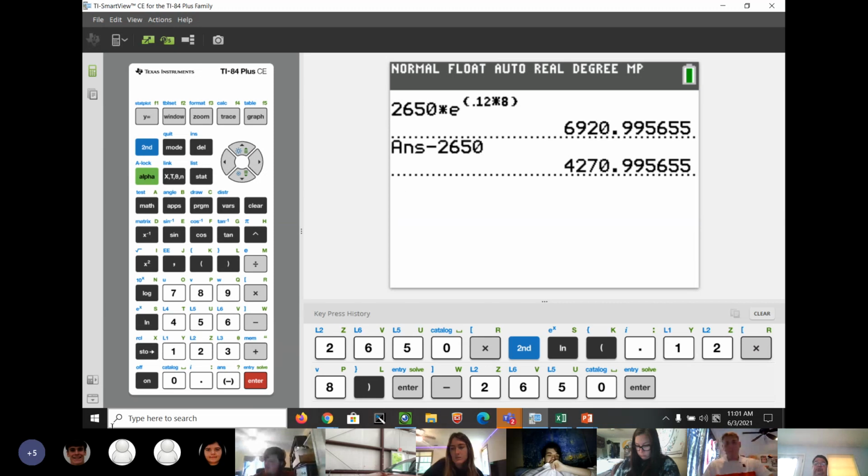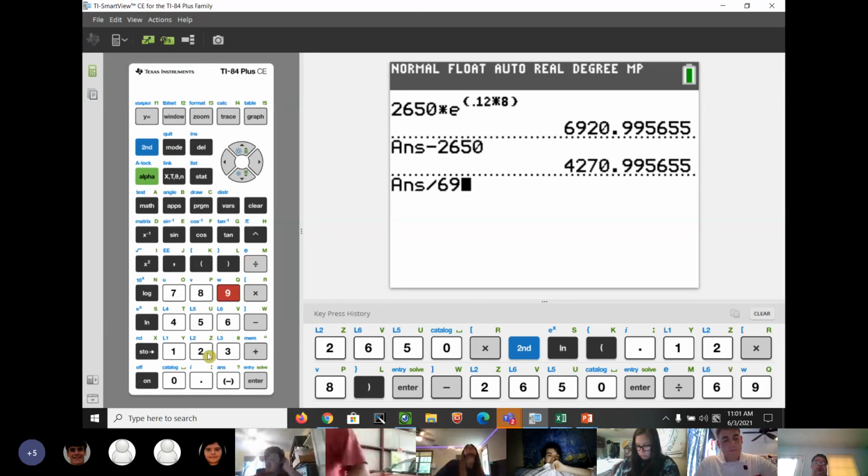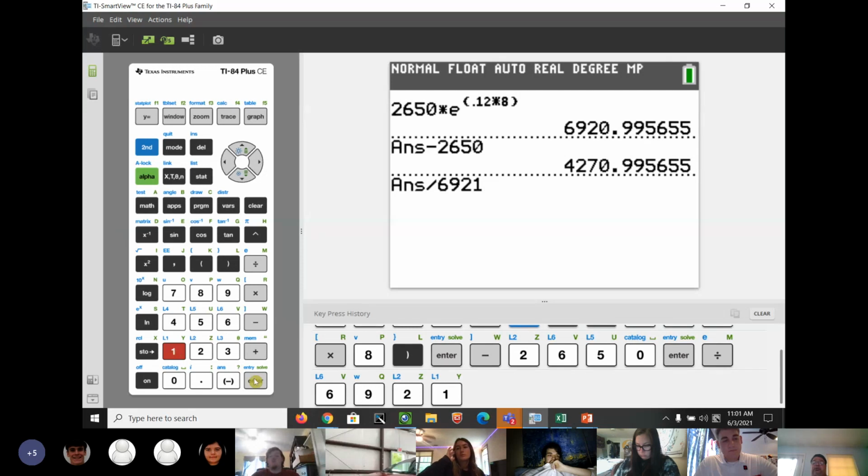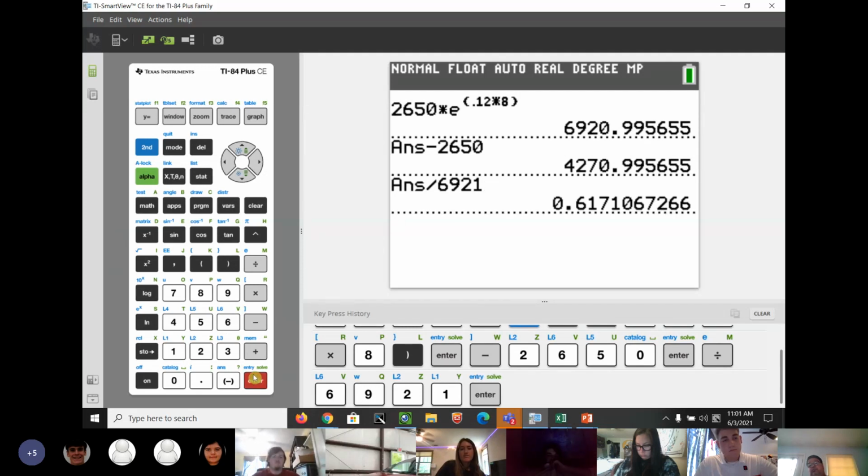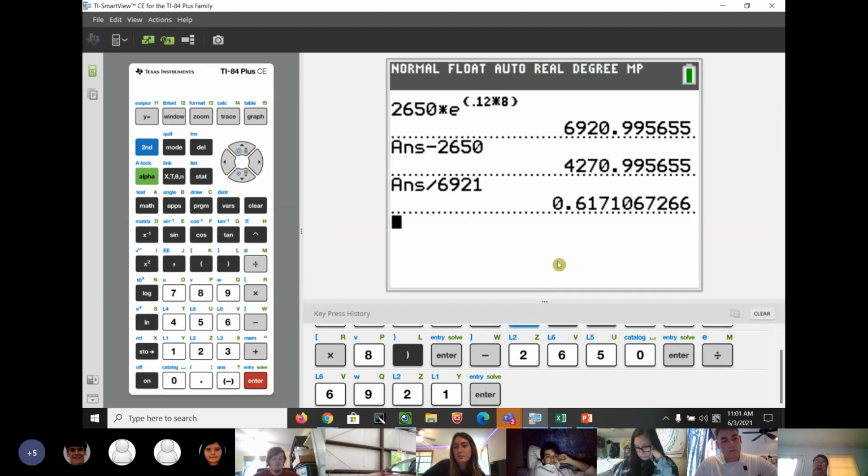And I'm going to just show you this. If you divide that by the 6921, that's your actual percentage rate. That's not right. Not 61%. No, that's not right. Should be less. It should be a whole lot less than that.